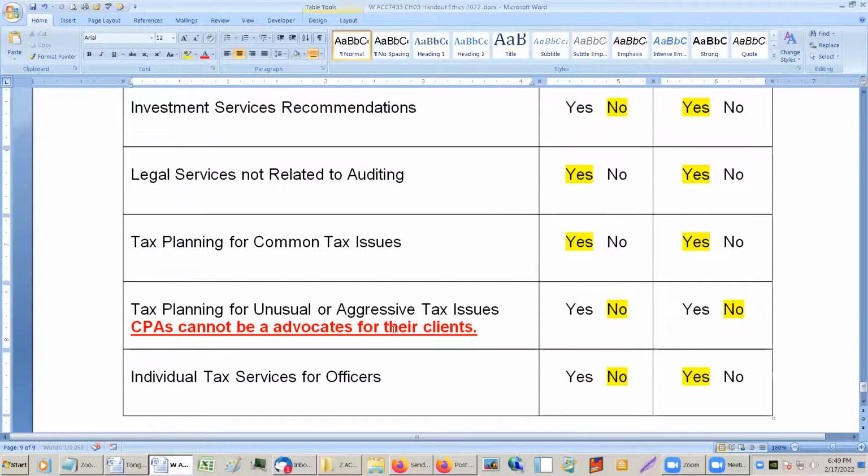It used to be very common for all the officers of the company to get their taxes done by the CPA firm. The CPA firm would come in, do the audit, and then for free, do all the taxes for the upper management. It kind of used to be a badge of honor if you were high enough in management that you'd have the CPA firm doing your taxes.